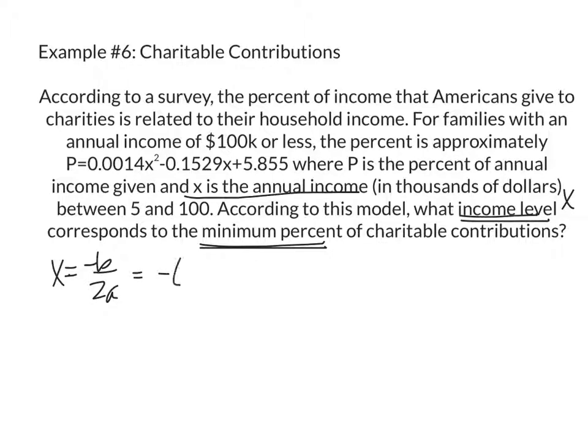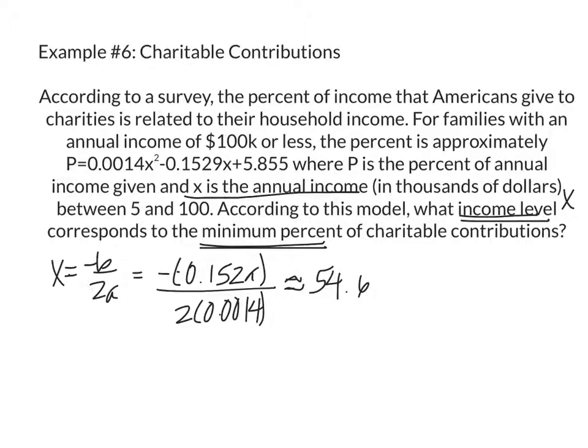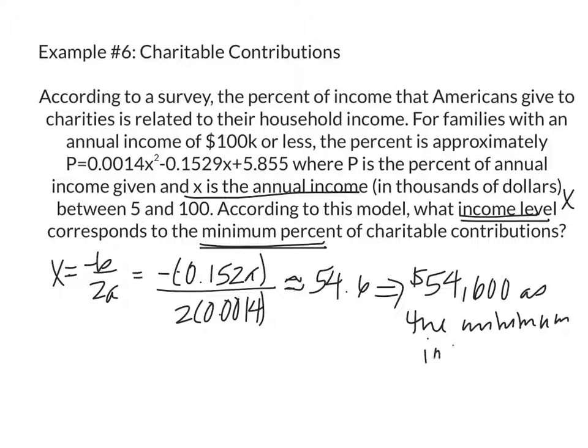Negative B would be negative 0.1529 over 2 times 0.0014. Okay, that will give you about 54.6, which equates to about 54,600 as the minimum income level.